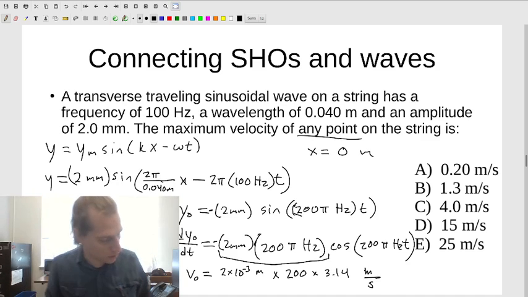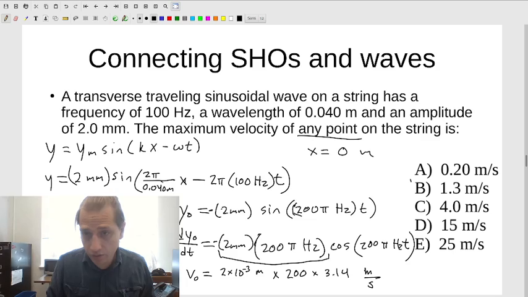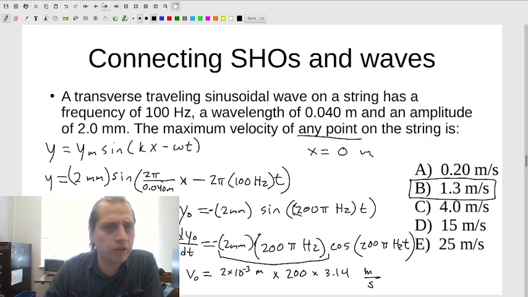Okay, so if I have that correctly, I think that is going to give you your 1.3 meters per second. All right, so a little bit tricky on that one.